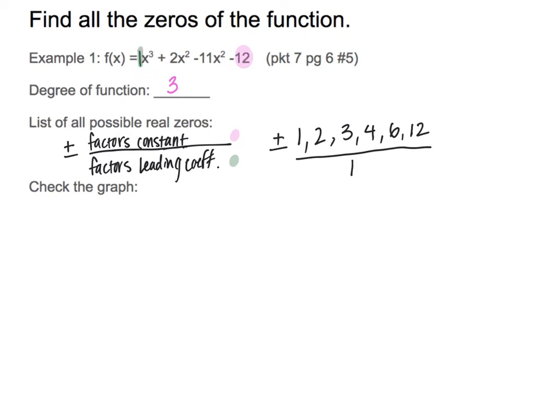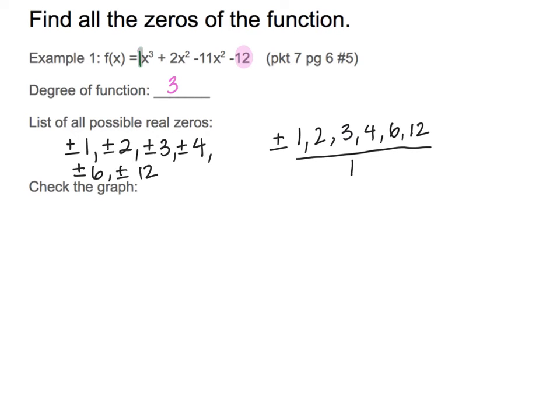I'm going to make some more room by erasing this here. So we have plus or minus 1. If we take 2 and divide it by 1, we get plus or minus 2. If we divide 3 by 1, we get 3. If we divide 4 by 1, we get 4. Basically, it's all the numbers on the top if we divide them all out.